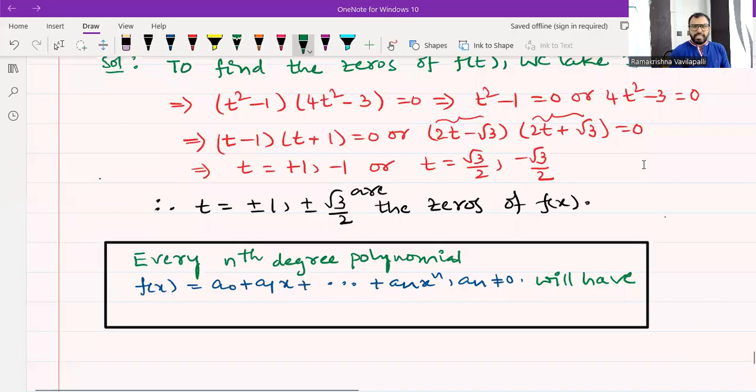So every nth degree polynomial f of x equal to a naught plus a1x plus and so on, plus an x power n, an not equal to 0, will have n zeros.